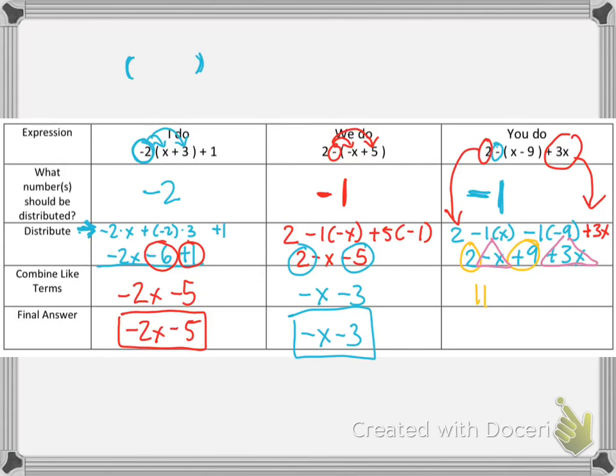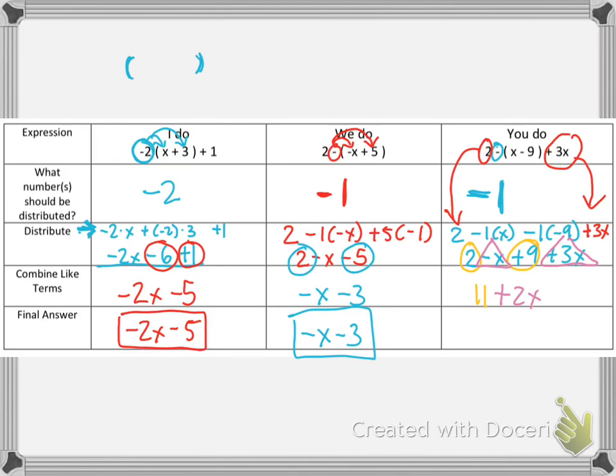And with the negative x and 3x, negative 1 plus 3 will give me positive 2x. This came from here. Whoops, I should color code it better. Here we go. Positive 2x. All right, I hope you guys got the correct answer.